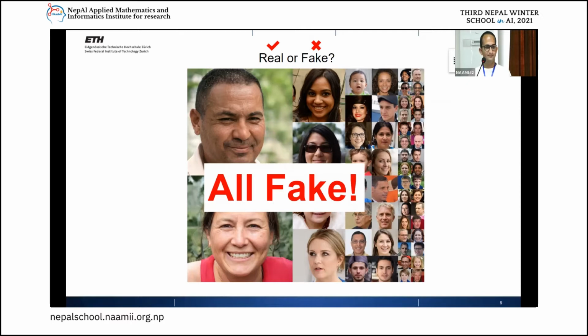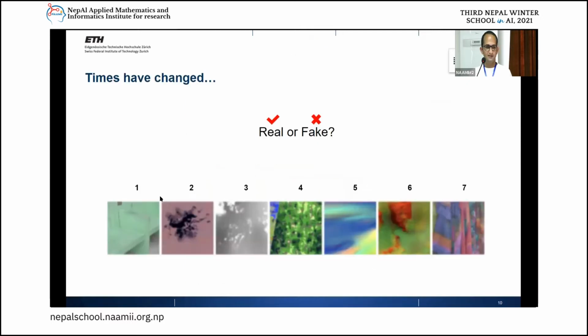Now, times have changed. Here, these images are again real and fake, but not of faces. I have an agenda in presenting these images, not because they are super realistic. I'm going to ask the same question over and over again, maybe until the end of the lecture.